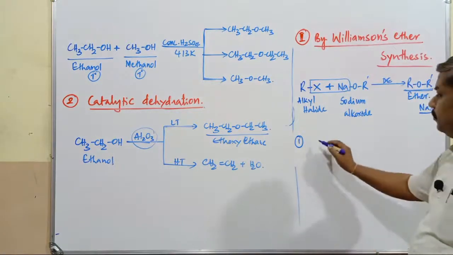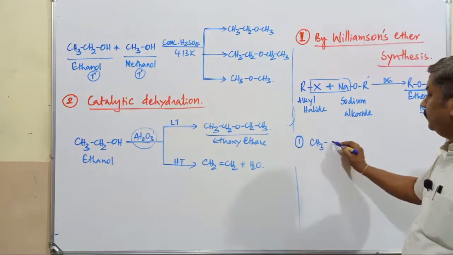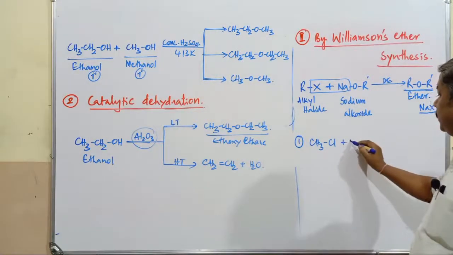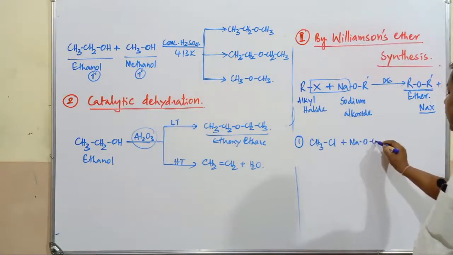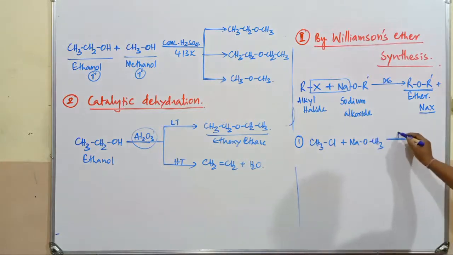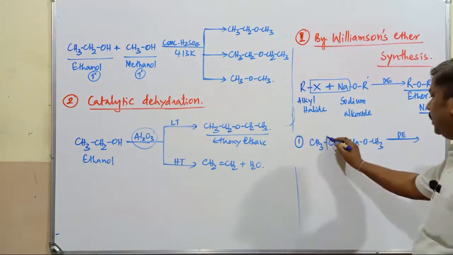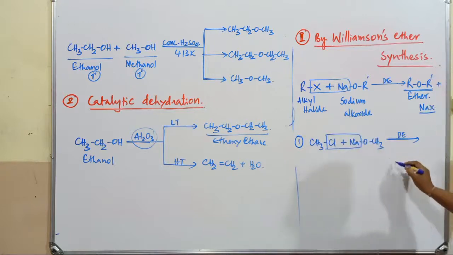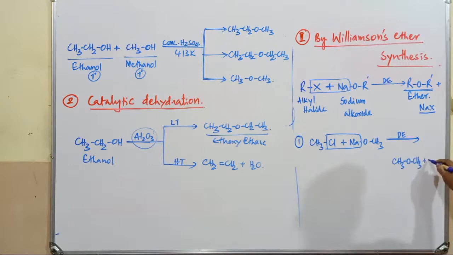Now I will go to an example. This is CH3Cl plus NaOCH3 in the presence of dry ether. Tell me what product is obtained. NaCl is eliminated, so the compound is CH3OCH3 plus NaCl. What is the name of this ether, students?